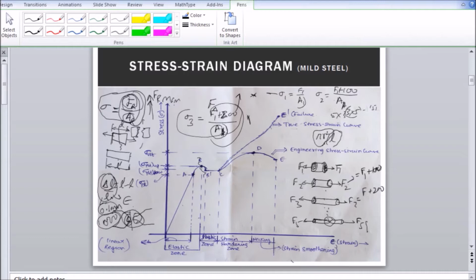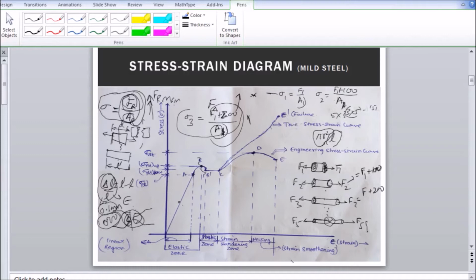Accordingly, the change in area will be very negligible. And when the change in area is very negligible, then whether you use the original area time to time or the initial value of the area, the overall result of sigma will be almost the same. So that is the reason why from here to here there is no deviation or difference between the true stress strain curve and the engineering stress strain curve.